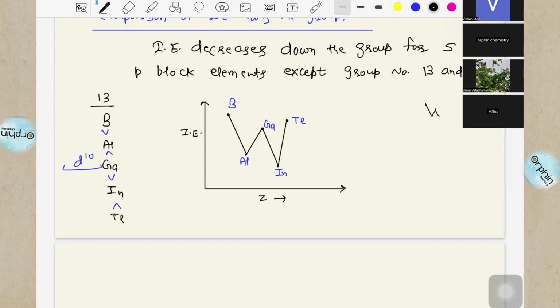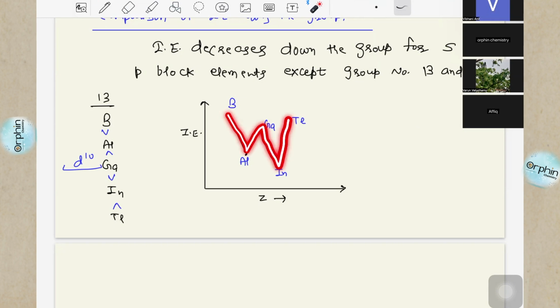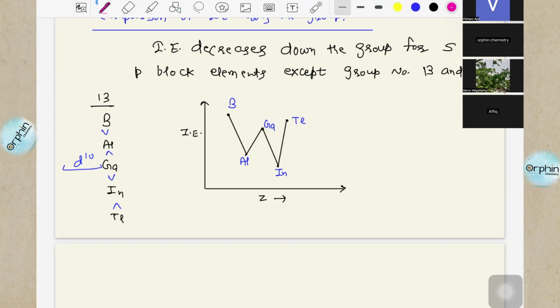Please, you do not have to make it like that. Whatever the position is, you have to match that position in your notebook while making the graph. Like this, boron is having the highest. Then it is thallium, then gallium, then aluminium, and then indium.